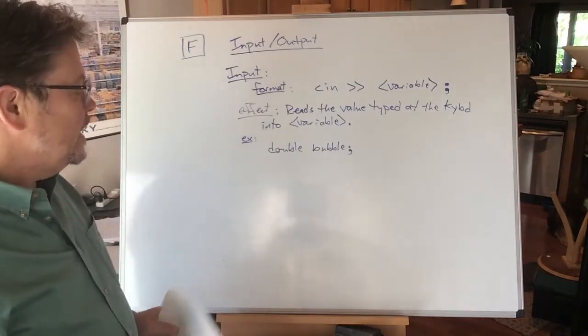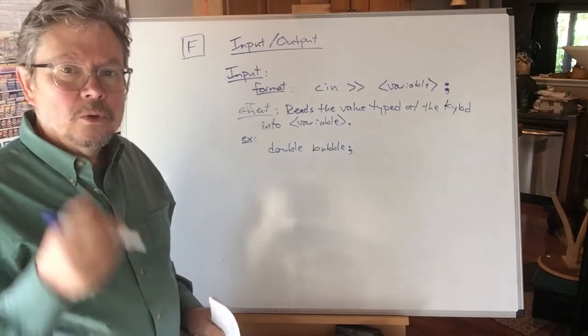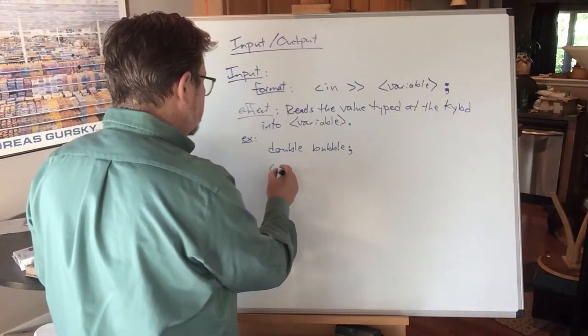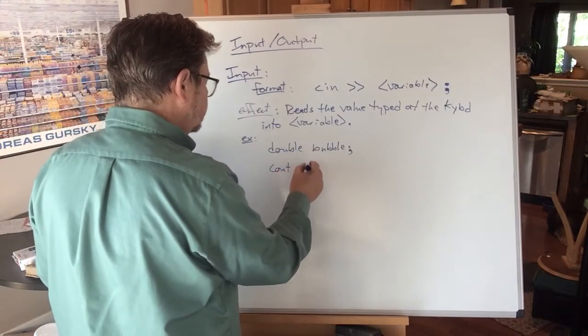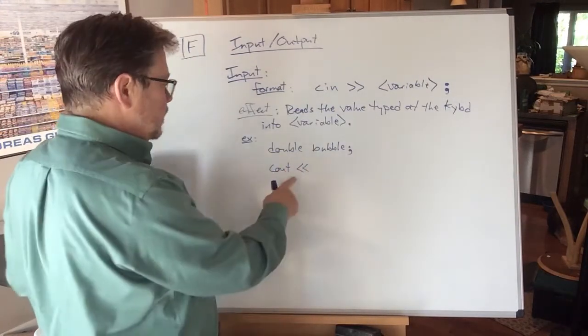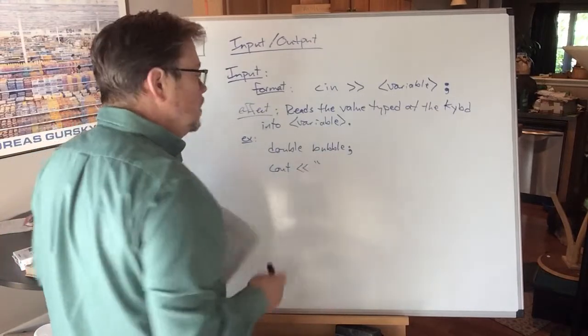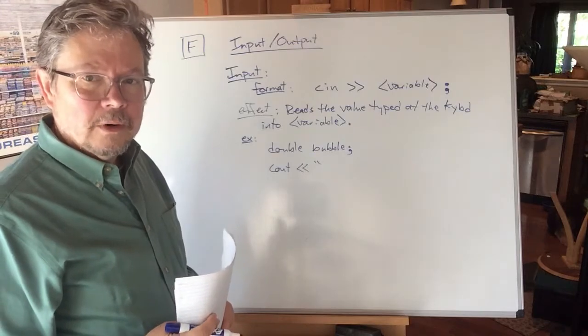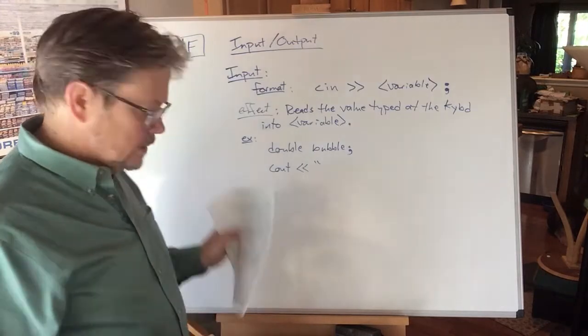Now, we already know how to do output, so just to get good habits started early, I'm going to use output. Notice the arrows point the other direction. I'm going to send this to the output, and I'm going to send what we will call a prompt. Tell the user what you want, for crying out loud. Otherwise, they're not going to know what they're supposed to type.